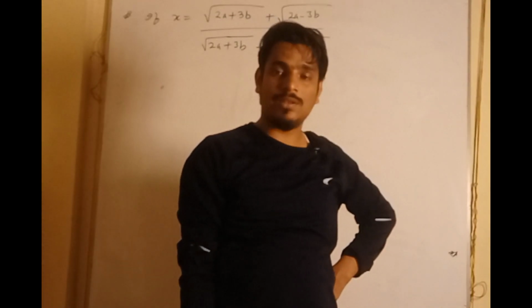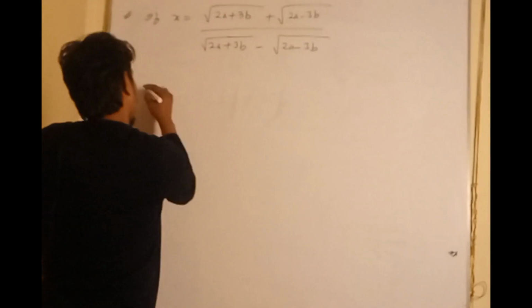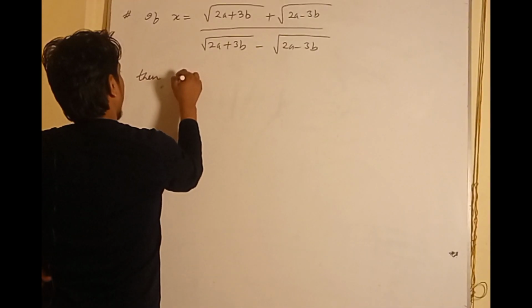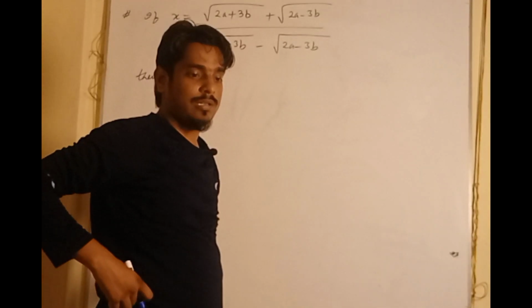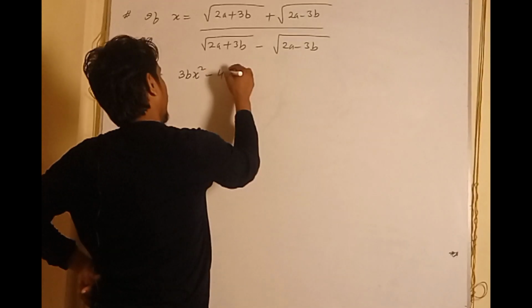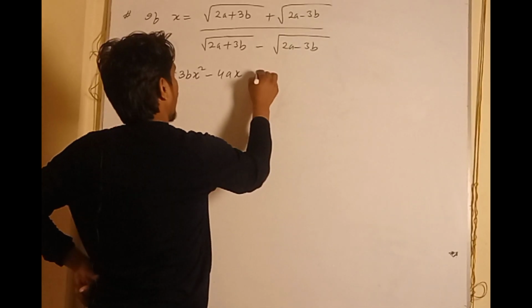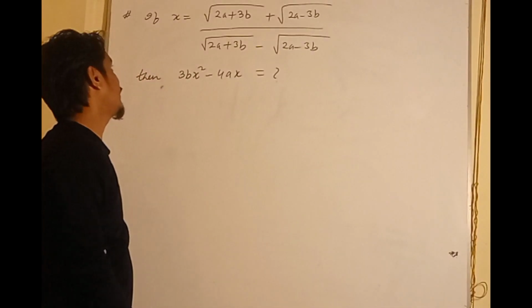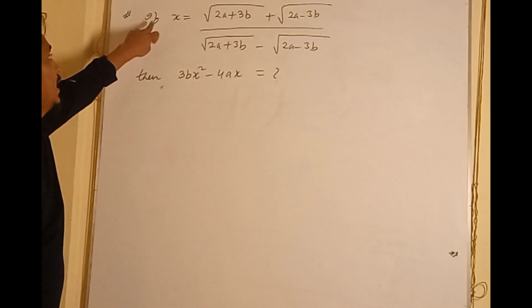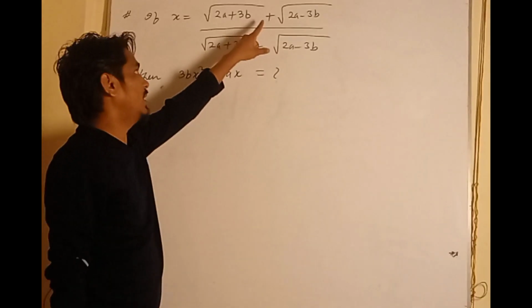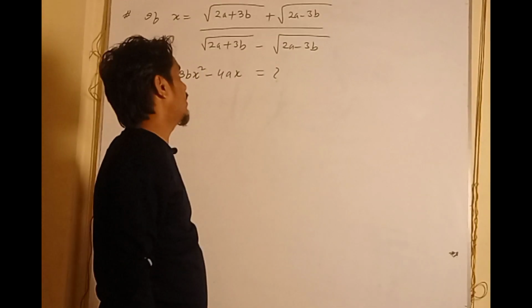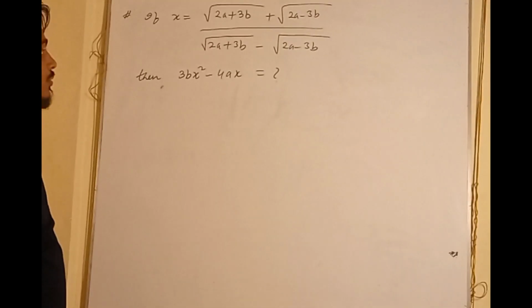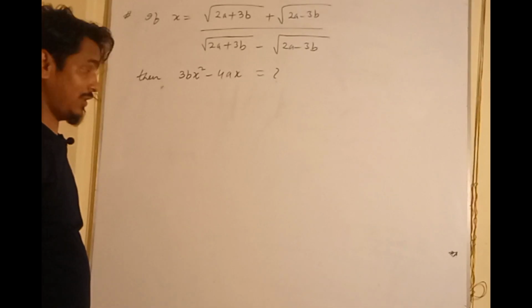If we have given this, then what will be the value of 3bx squared minus 4ax? What will be the value of this? We have given x is equal to this expression, and we need to find the value of this.